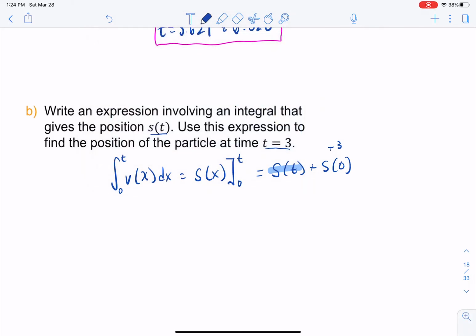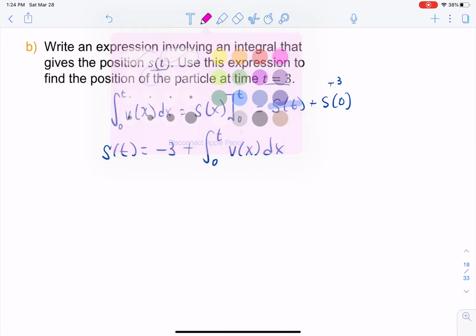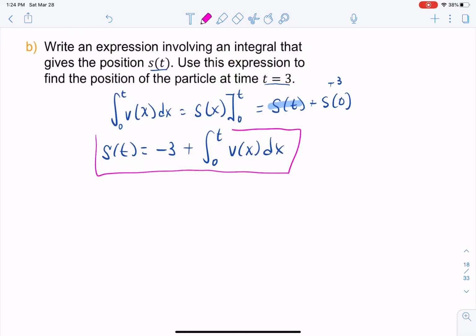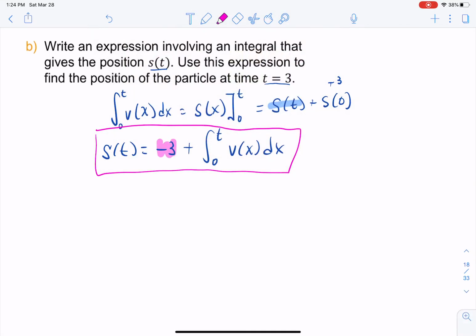Yep. And then we have our function s of t is equal to -3 plus the definite integral from 0 to t of v of x dx. Okay, like I said, we've seen this kind of thing play out quite a bit, where the -3 in this case is our initial position.